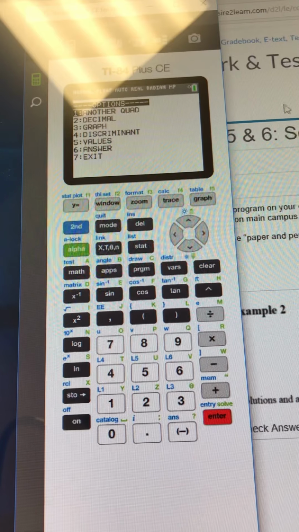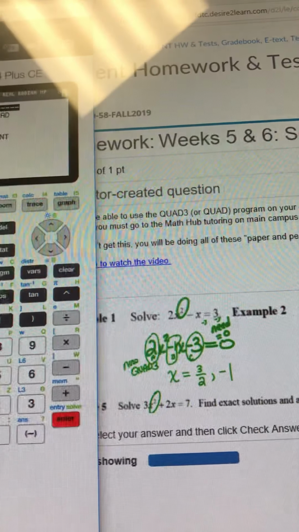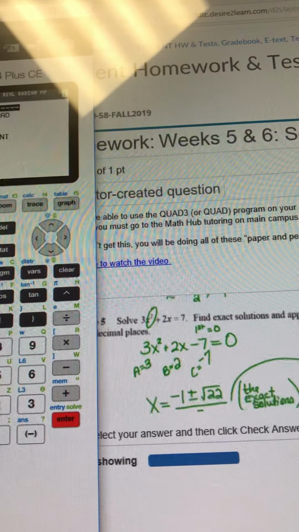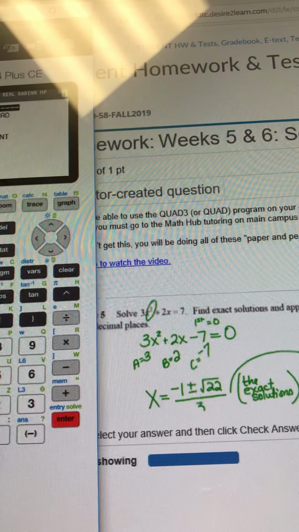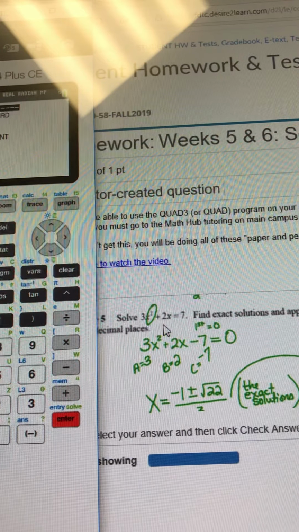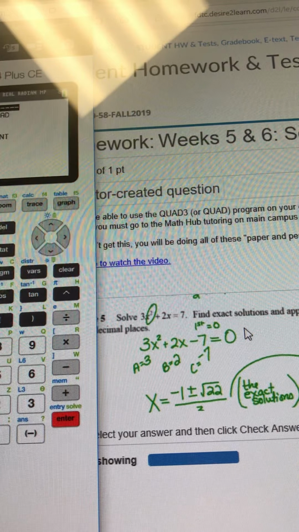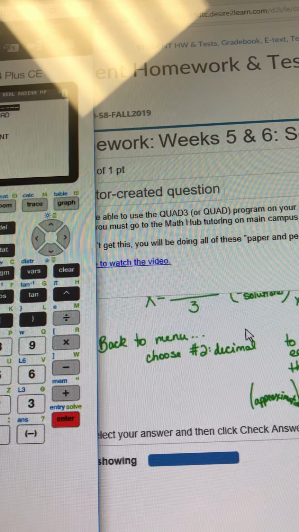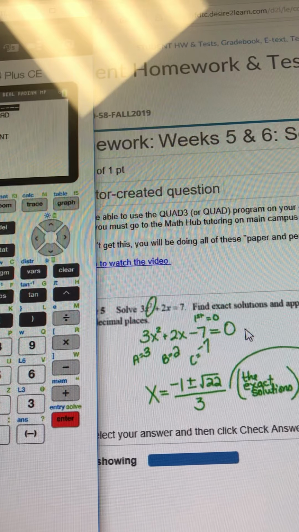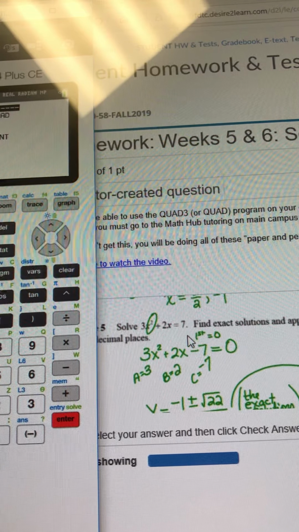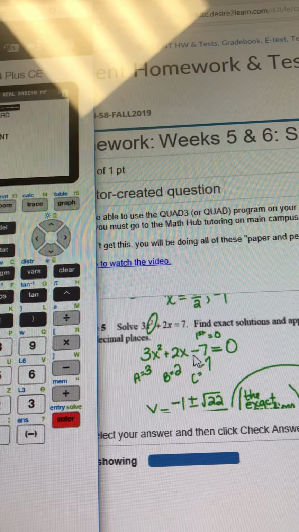So let's do this bottom one that was over here, back on that example, where it said solve 3x squared plus 2x equals 7. But then it said find the exact solutions and approximate to 3 decimal places. So again, the first thing on this one we need to do is get the 7 over on the left side.